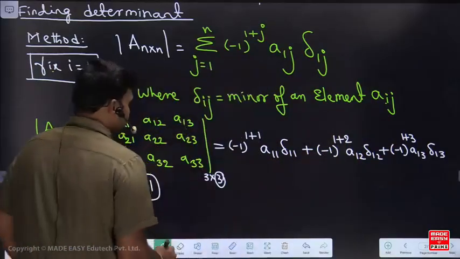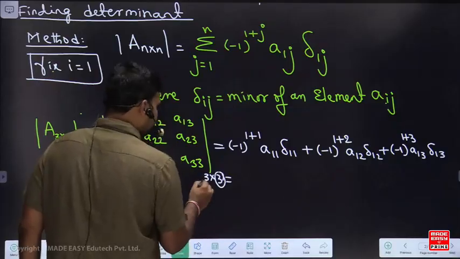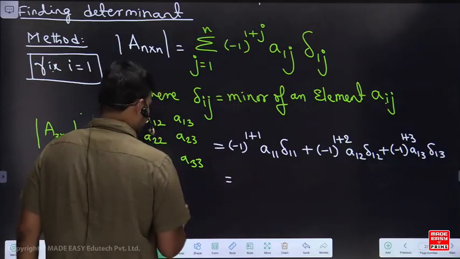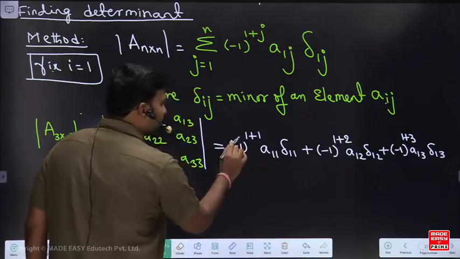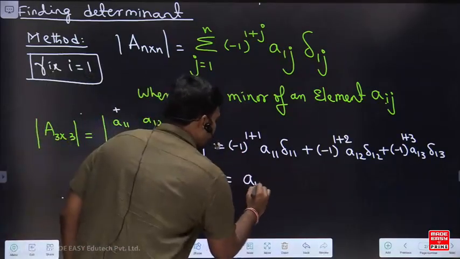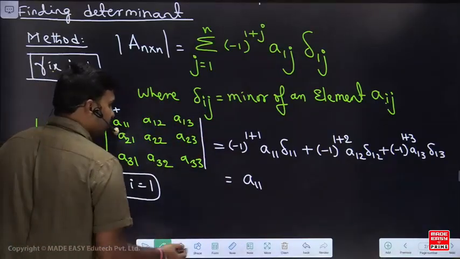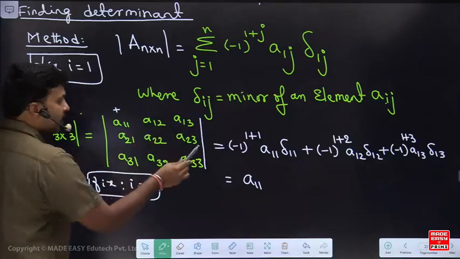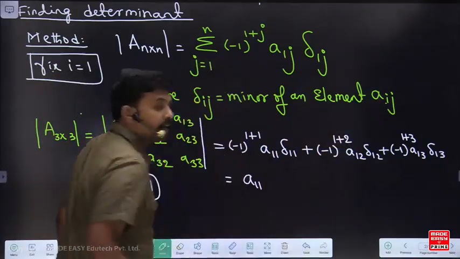Right, now dear students, how do you take this one? Now (-1) to the power of 1 plus 1 is plus, so it's generally taken as plus here, that is a11 into del 11. Dear students, what is del 11? Let's see. Del 11 means it's the minor of the element a11.